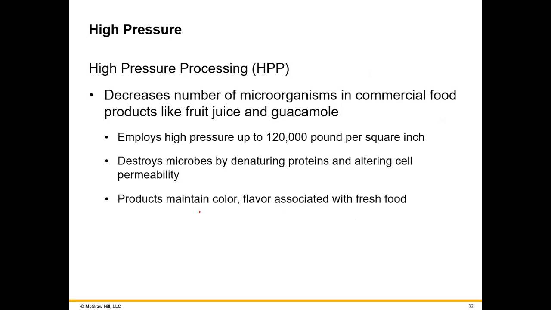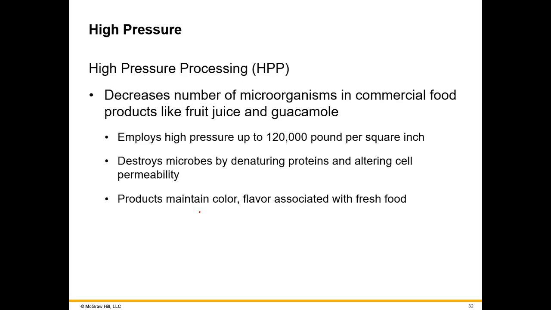Oh no, there's the high pressure actually. This is the last one of the physical methods. So this is used also in commercial operations, food preparation material, particularly in fruit juices and guacamole. High pressure up to 120,000 pounds per square inch. That's a lot of pressure, in fact. And it does so by denaturing proteins, just like in the case of heat.